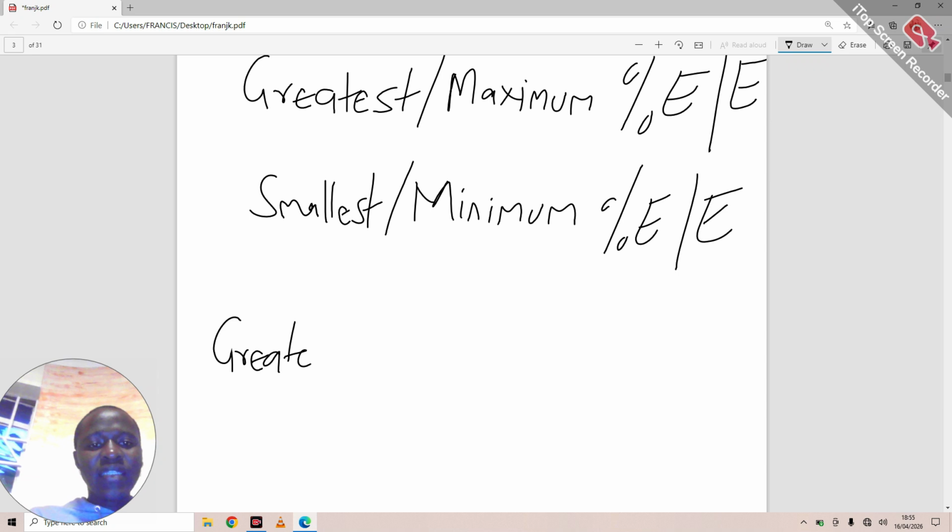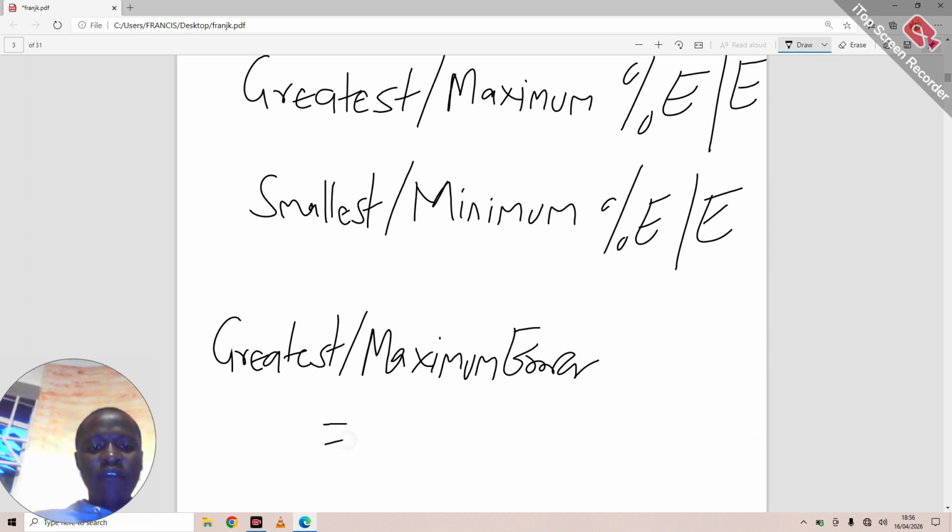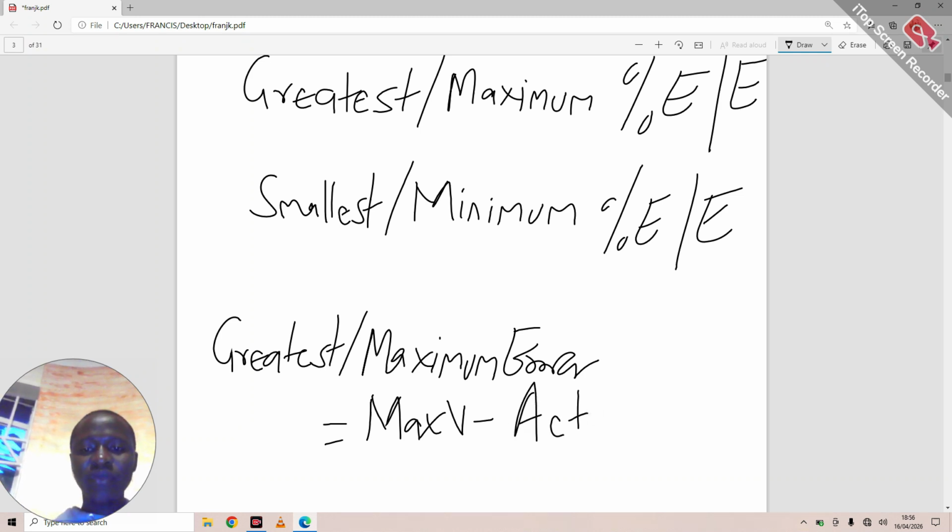To get the greatest, the maximum error, the formula you will use there is to take the maximum value minus the actual value.